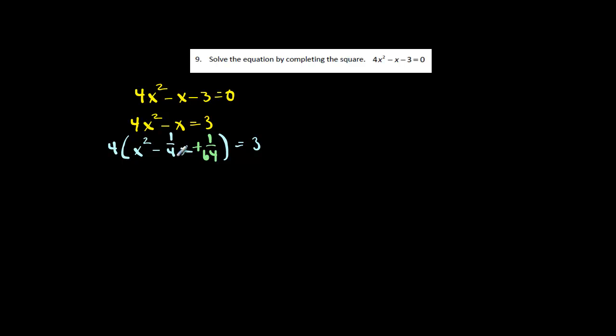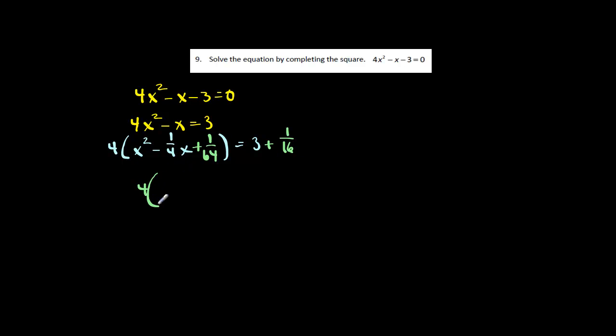If you multiply now 4 times 1/64, you get 1. Sorry, my brain is like fried right now. 1/16. So we have to add 1/16 here. This is now a perfect square.